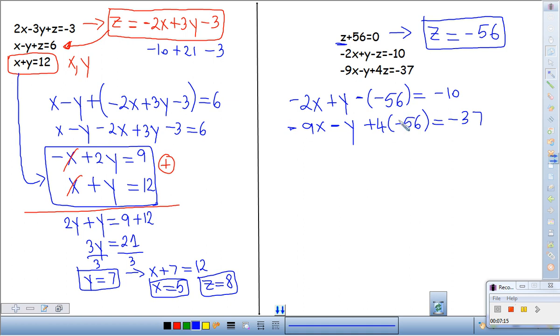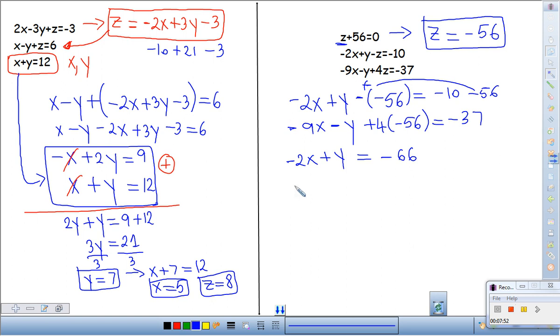Well, let's clean up each one of these equations a little bit, because once we substituted z, we're going to get more constants. So we have negative 2x plus y equals, well, the 2 negatives will give us a positive 56, and when moved to the other side it becomes negative 56. So we're going to get negative 66 on the other side.